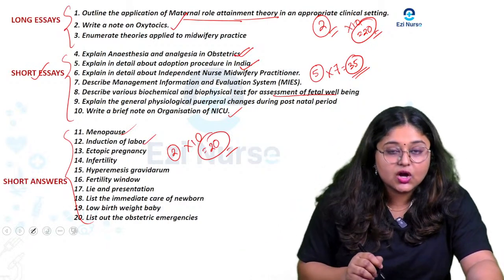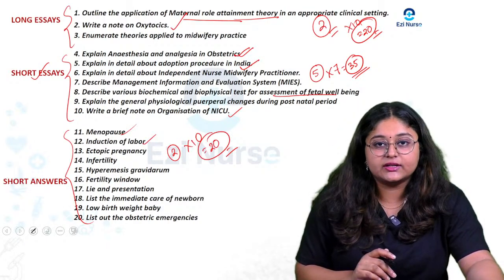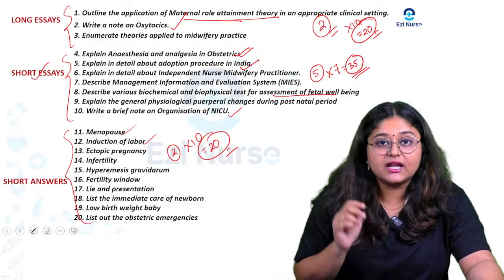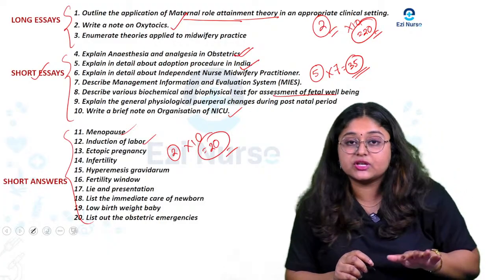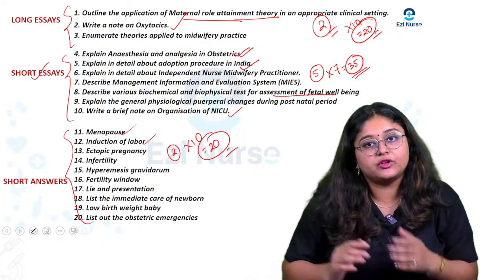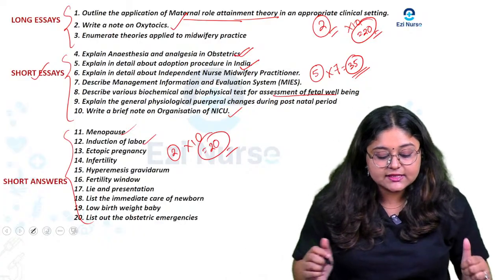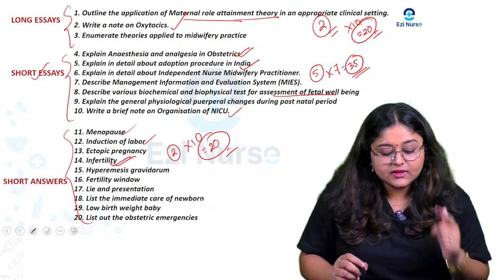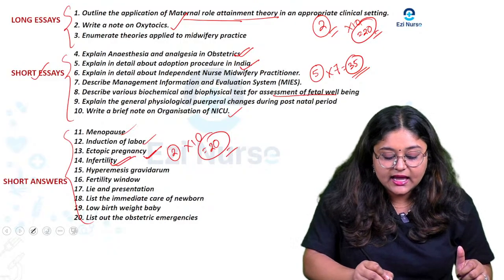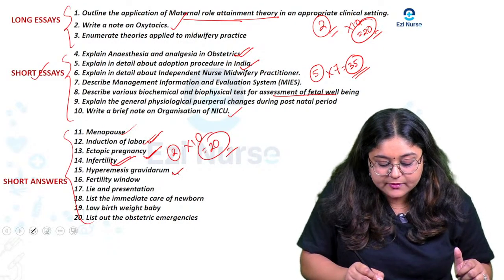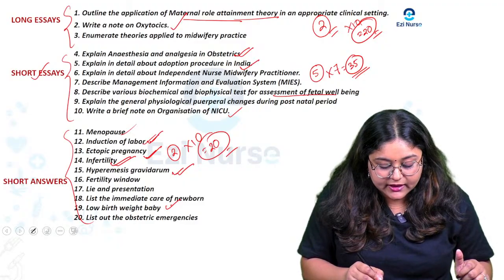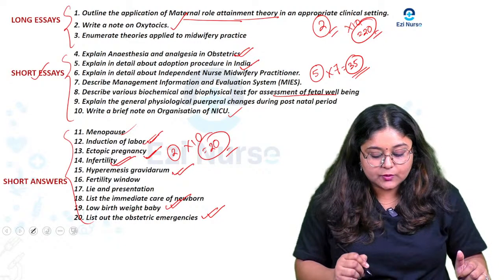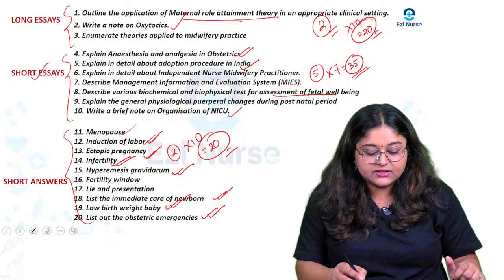These are all important questions for the short answer, but in between I will point out some questions which you have to read for the 10 marks also. First is infertility. Next is ectopic pregnancy, induction of labor, hyperemesis gravidarum, low birth weight baby, obstetrical emergency and immediate care of the newborn.